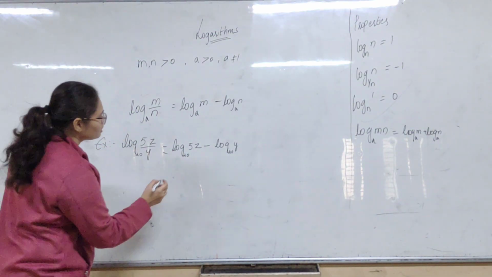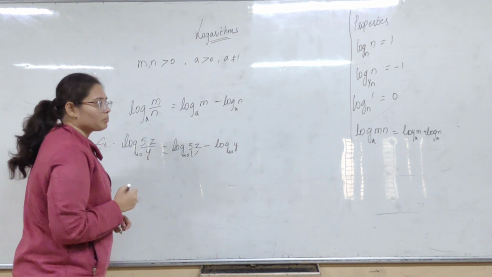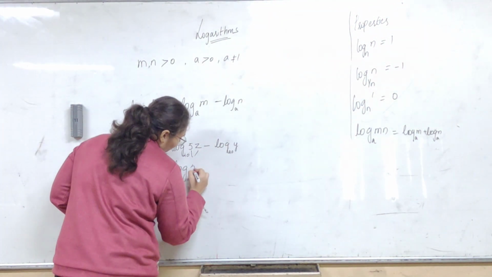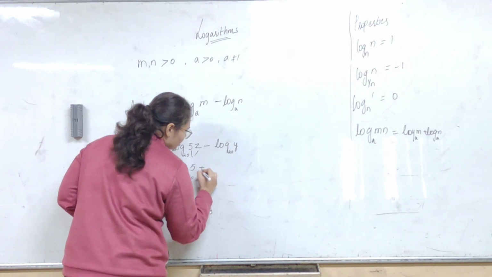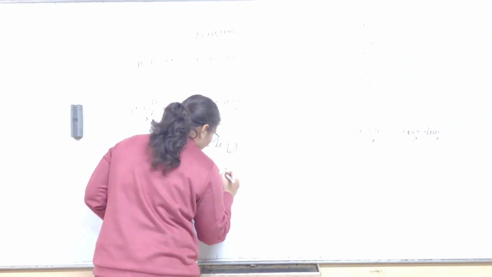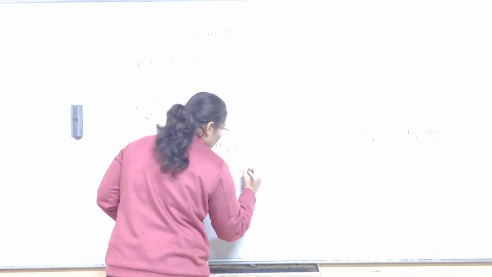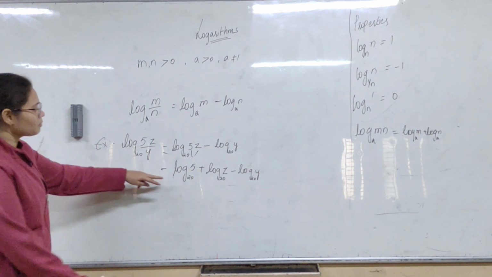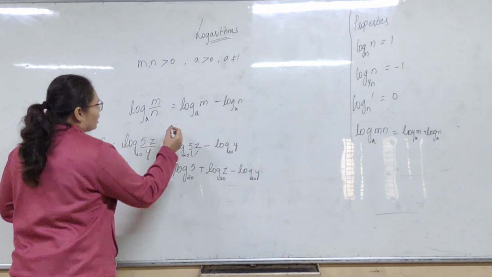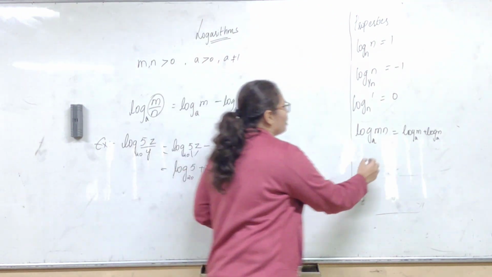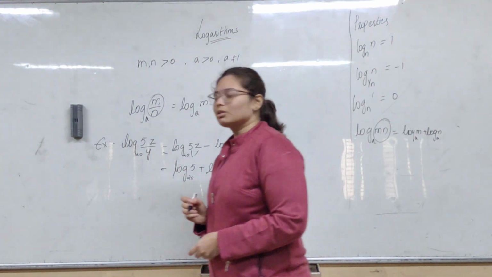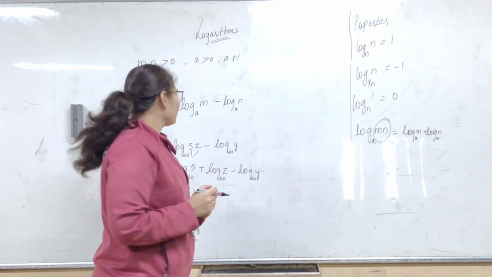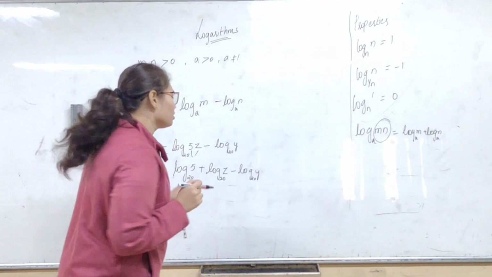And then see this m into n, so log 5 to the base 20 plus log z to the base 20 minus log y to the base 20. So we have used both the m by n formula and the m into n formula. These properties are used in further problems where you can understand better.